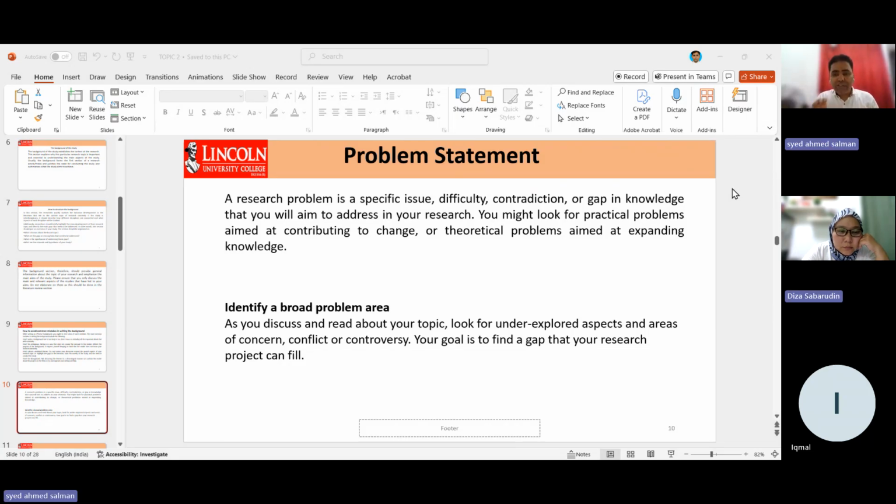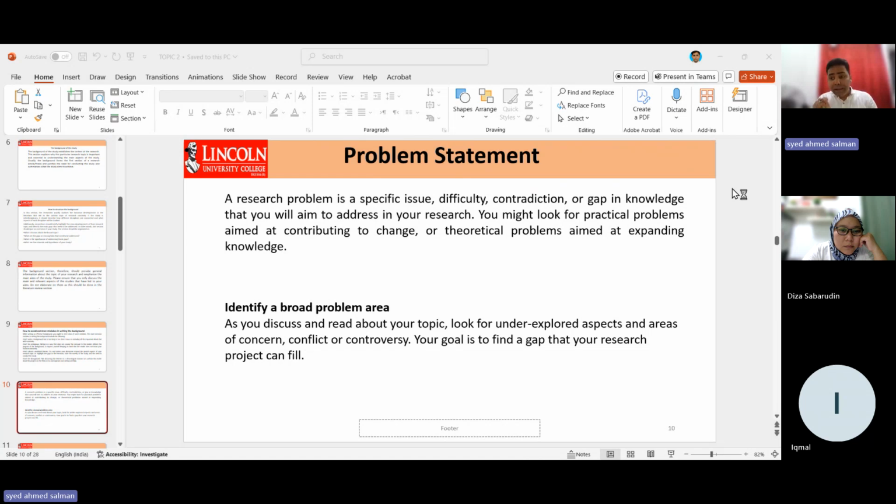Now, you may have a difficulty, contradiction, or gap in knowledge, meaning that you have searched a lot of articles on the usage of social media, right? But you did not find any single article on Selangor. That is called a research gap, a knowledge gap.